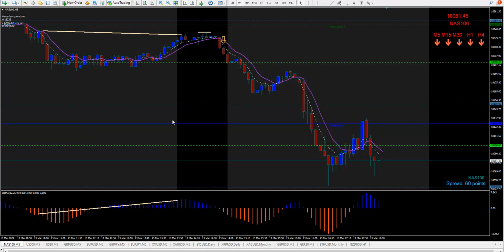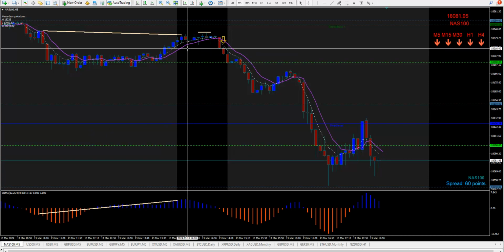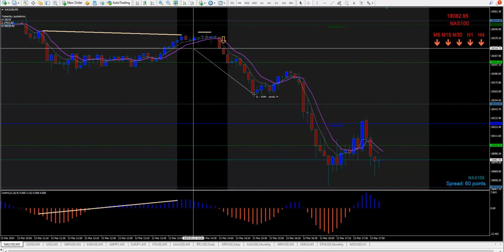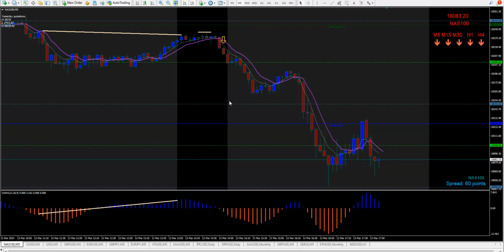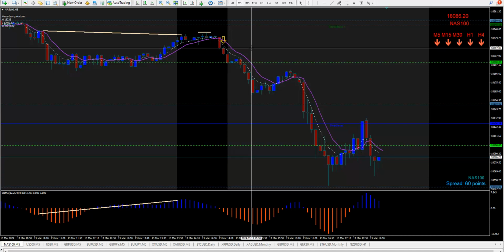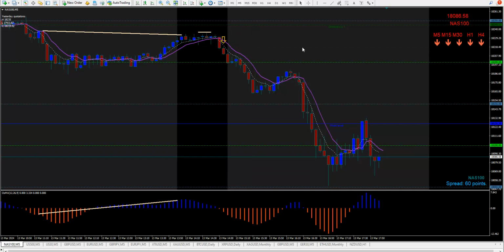So you would have got short right here, and it went down 54 points. It gave you 1-to-1, 2-to-1, maybe even 3-to-1, because your stop would have been very minuscule, like 20 points. So you got 2.5 R on this trade.